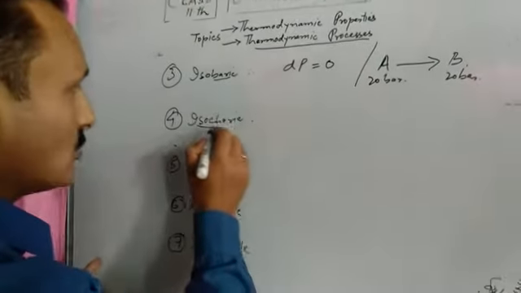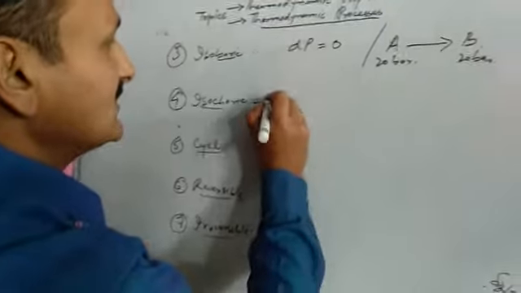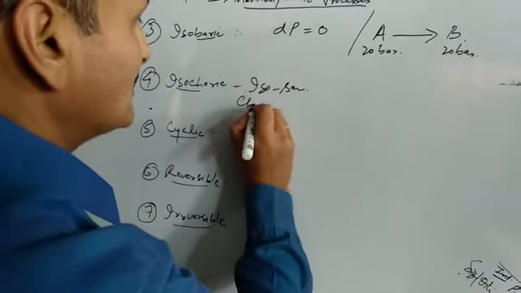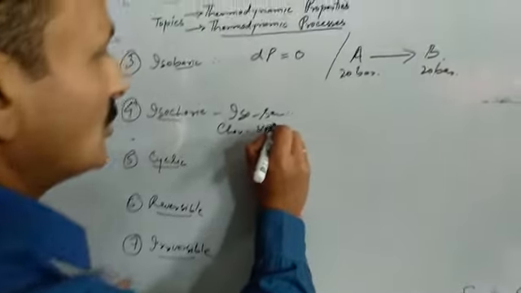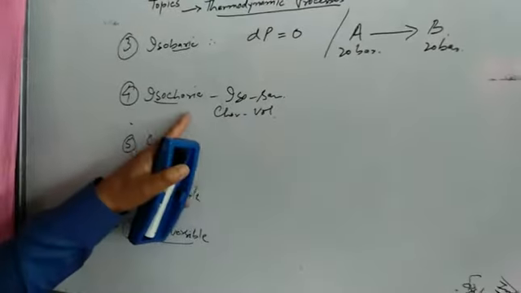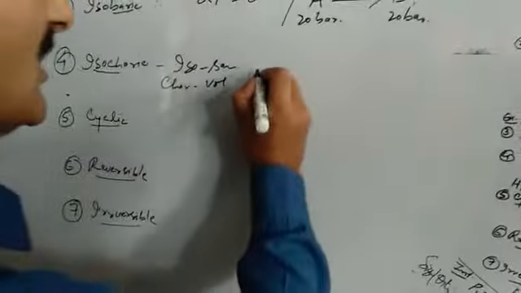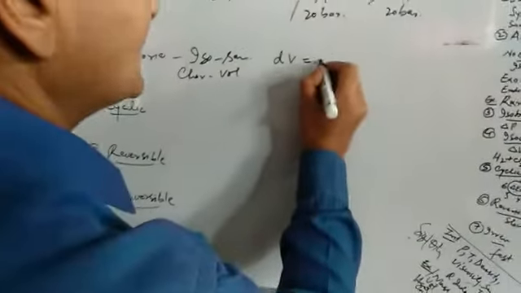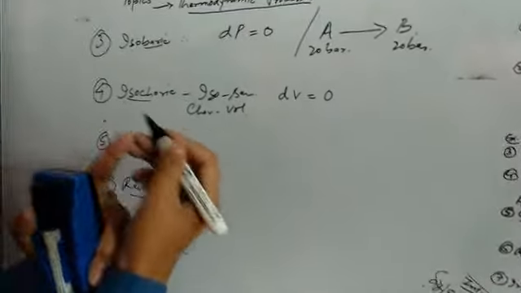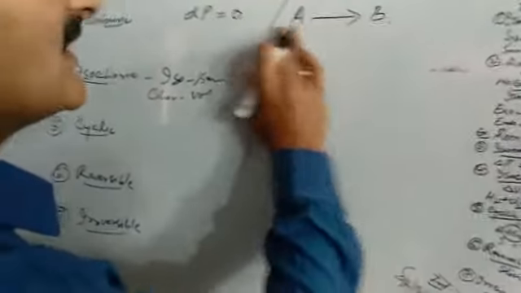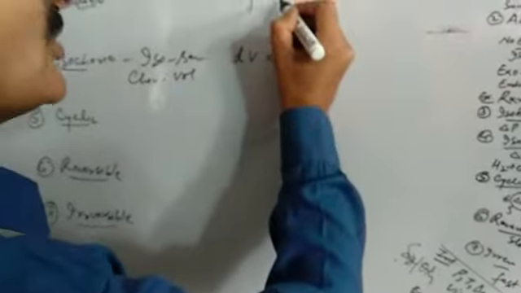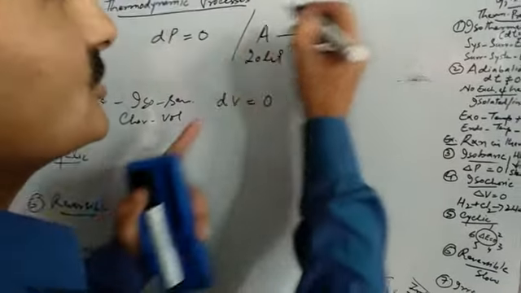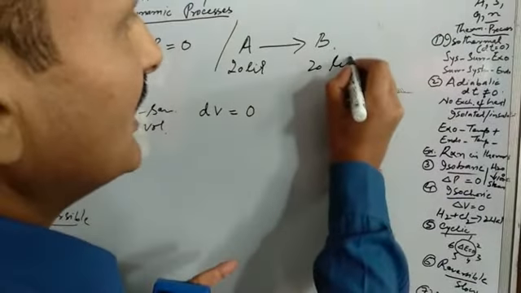Now coming to isochoric. Iso means same, and choric means volume. So what is this process? This is that thermodynamic process in which delta V, that is change in volume, is 0. That means there is no change in volume. Suppose this is a reaction taking place and suppose its volume is 20 liters. And if it changes to system B, its volume should again be 20 liters.